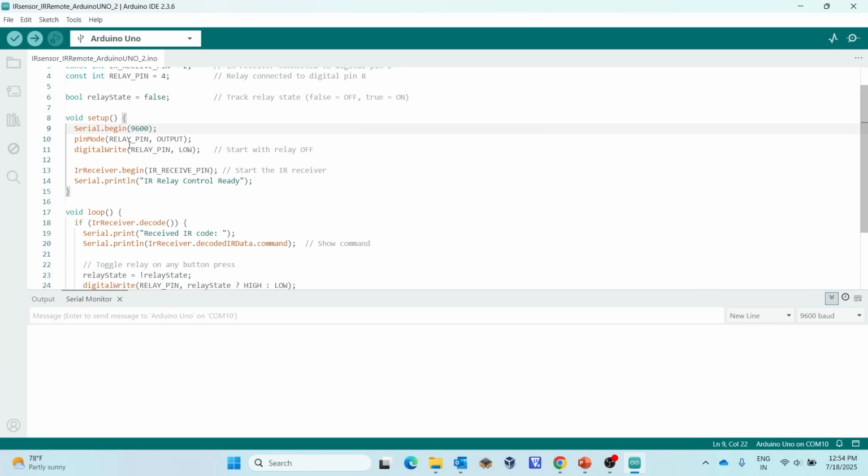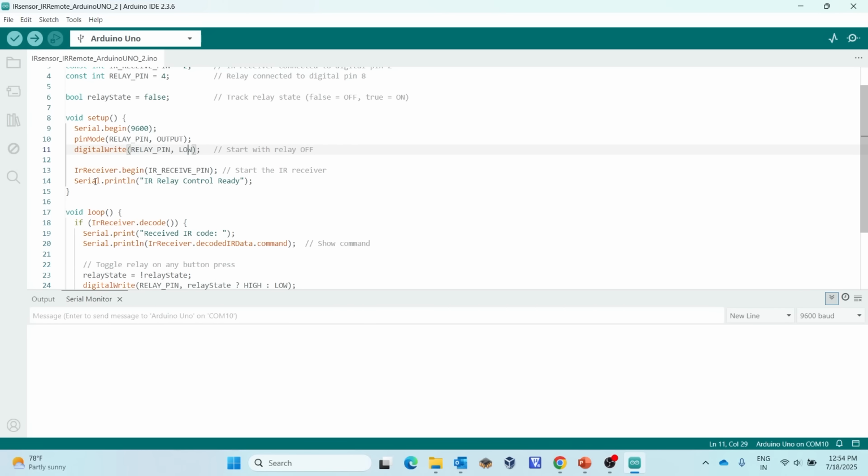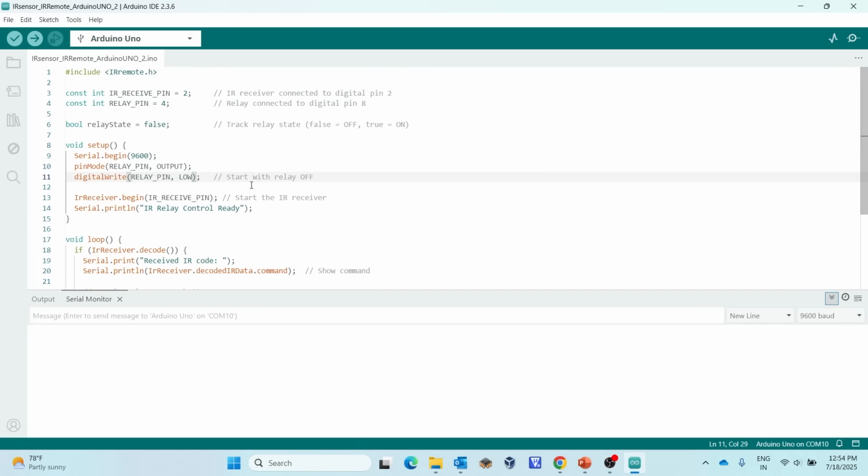Then I have made the relay pin as output. With digitalWrite, I am initially making the relay pin low. And then I am calling IrReceiver.begin with the IR receive pin. Serial.println: IR relay control ready.